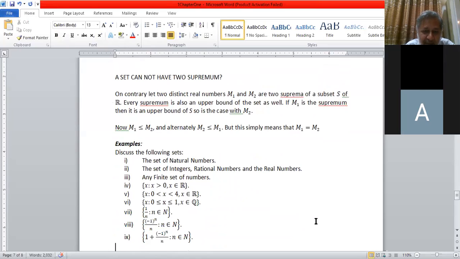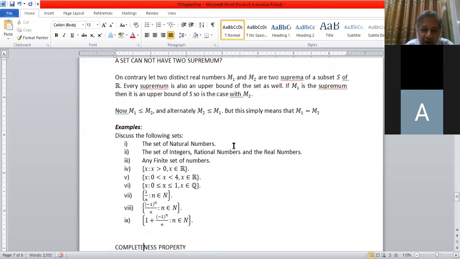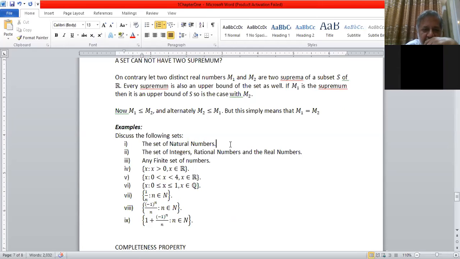Look at these examples. What about the set of natural numbers? First, my question is: is the set of natural numbers finite or infinite?